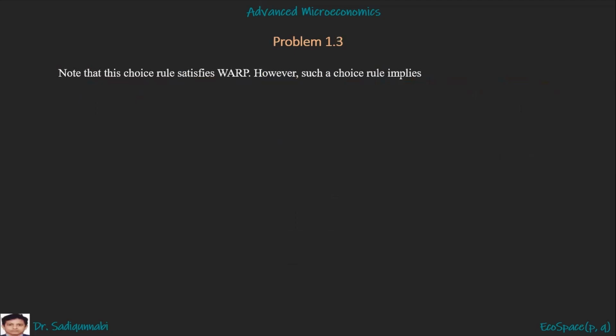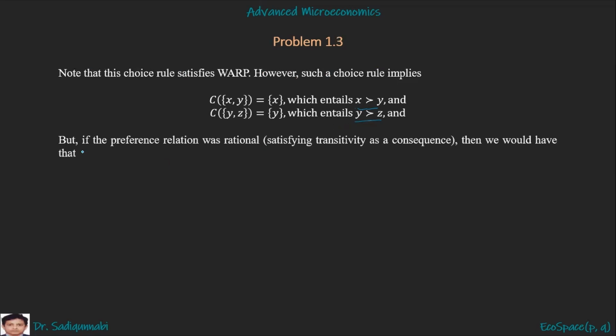However, such a choice rule implies that if X is chosen over Y, then we can say that X is strictly preferred to Y. If Y is chosen over Z, then we can say that Y is strictly preferred to Z. But if this preference relation is rational, it must satisfy the property of transitivity as a consequence.